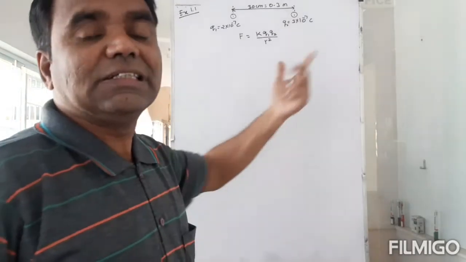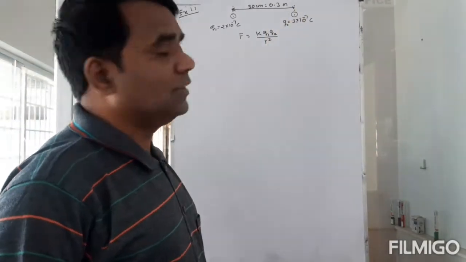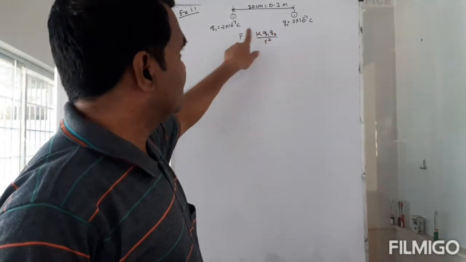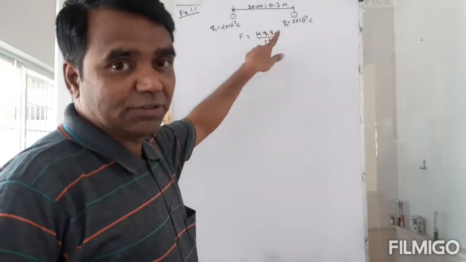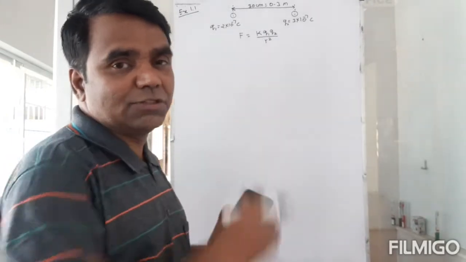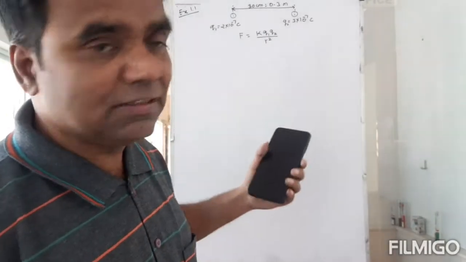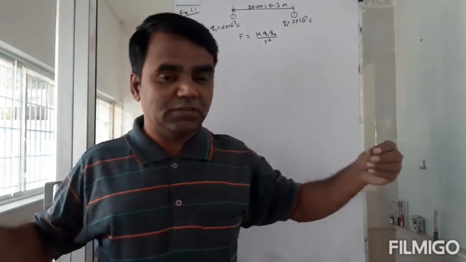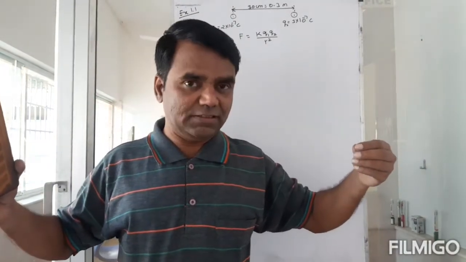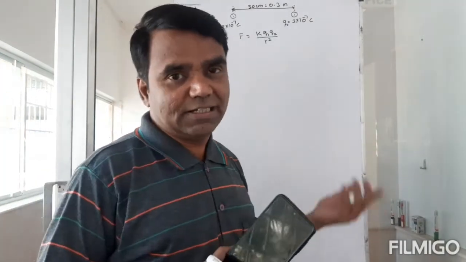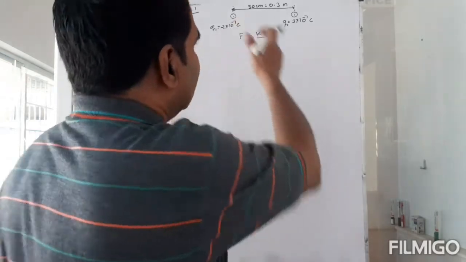So you can apply Coulomb's law straight away, and that will yield you the results. Because you've got two small spheres separated by a fair distance, you can treat these two as point charges. That's the main idea. So we can use it here.